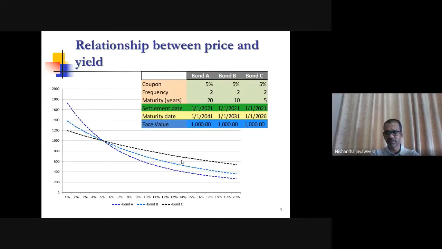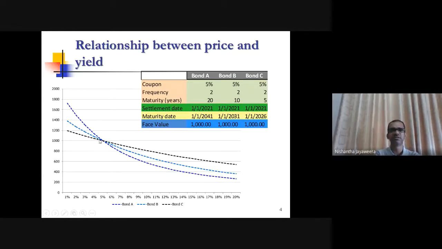Again, these three graphs we did last week, for three bonds A, B and C, with the same 5% coupon and same coupon frequency but different maturities. You can see the slope is high, or the change in price is high, for bond A. The reason is that bond A has a longer maturity.